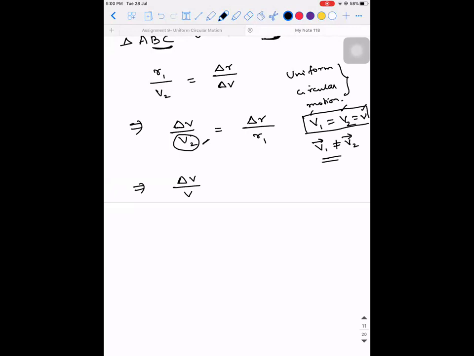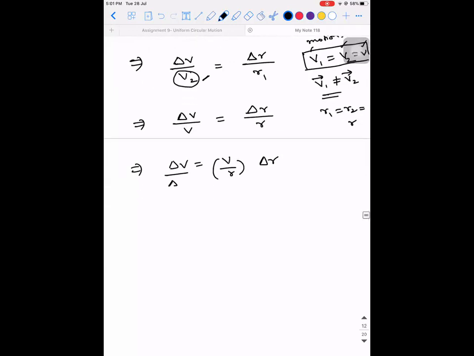Are you guys able to understand? This is equal to delta R divided by R1, and R1 is the radius of the circle, that is R. Which implies delta V is equal to V by R into delta R. Accepted?